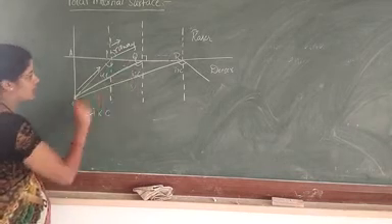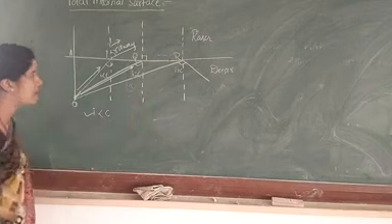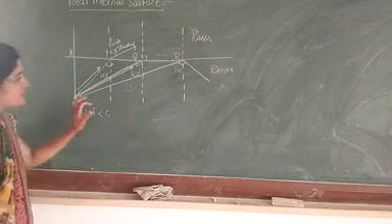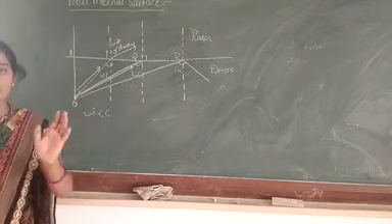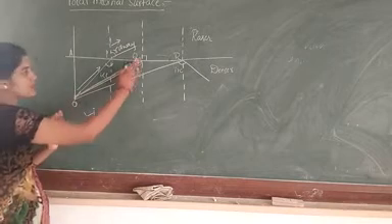Next we are considering one more ray of light, OQ. Here see, the ray which is made to pass from the denser medium does not go into the rarer medium. It will stay in the denser medium.